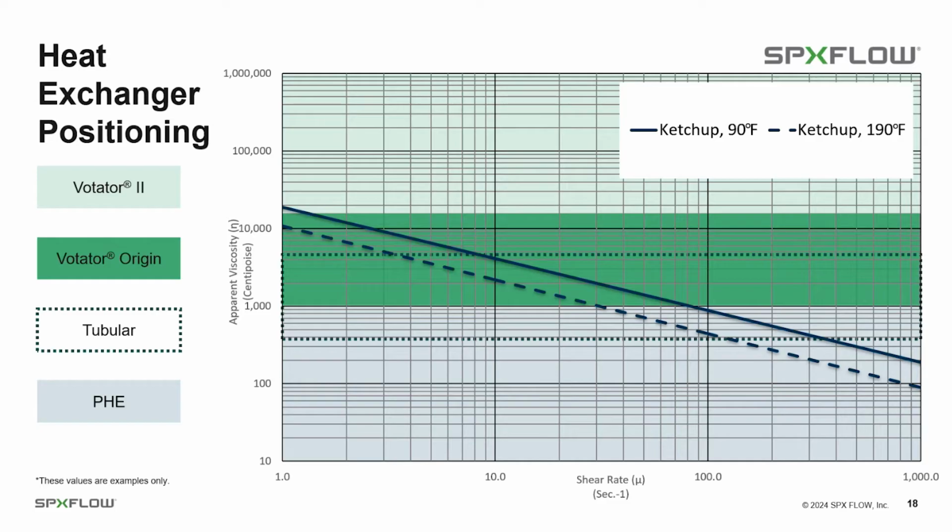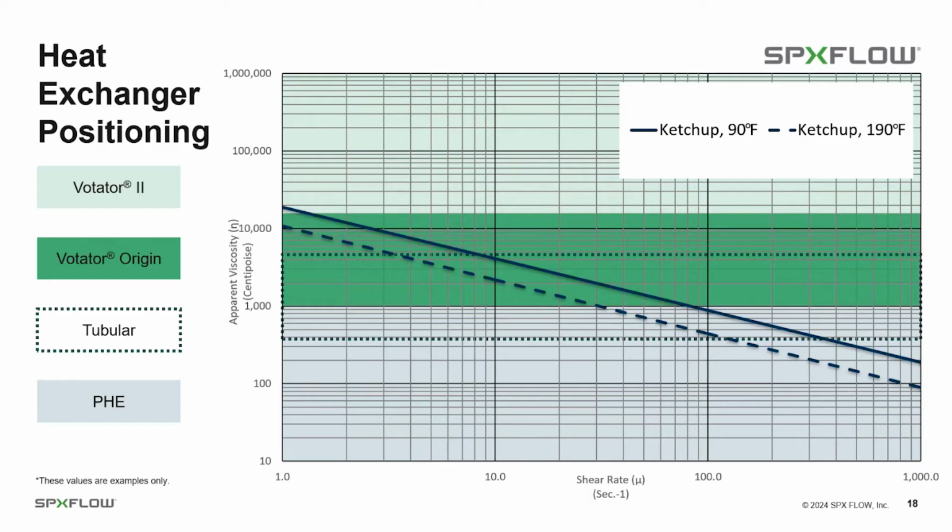And here you can see, depending on where you are, shear rate wise and even temperature, the Votator Origin could be necessary. It could be a little bit thicker, more viscous than you'd want to use in a plate. But again, when it's heated, if it's sheared at a higher rate, a plate could definitely be appropriate.